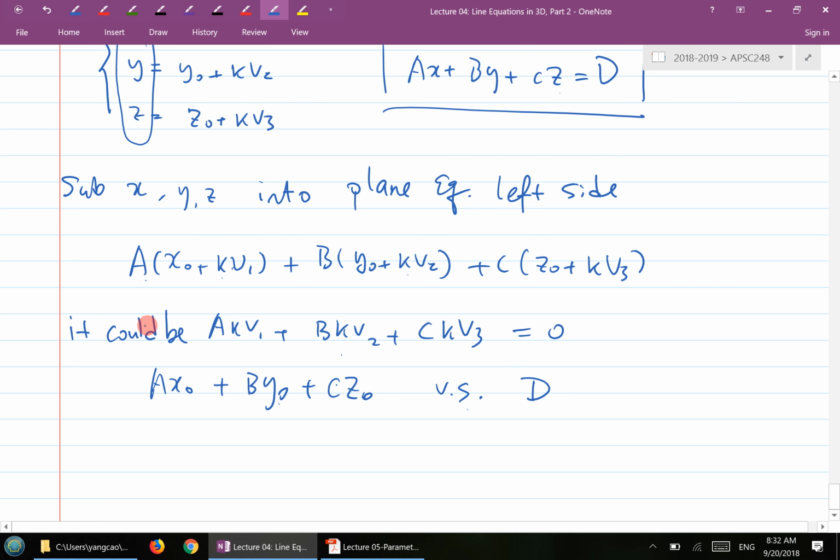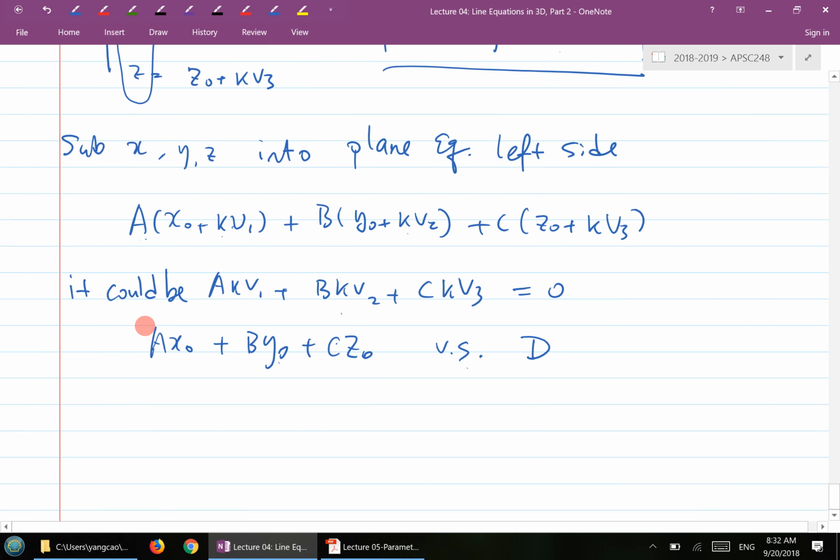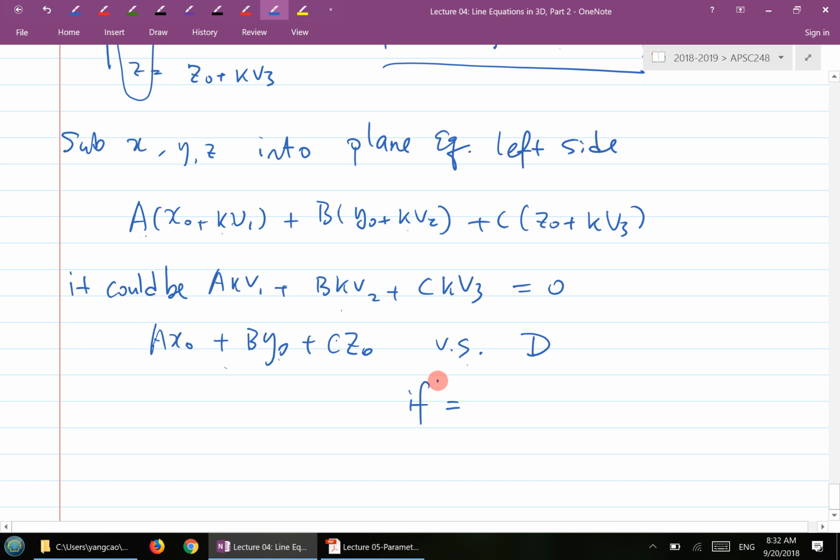So it's like a programming diagram here. Is this 0? If yes, check this too. Are they the same? If equal, the line is on the plane.